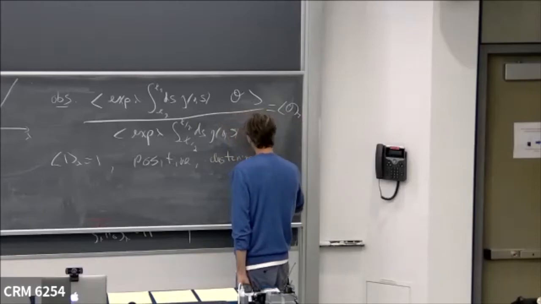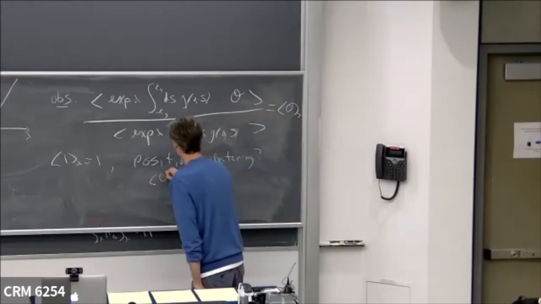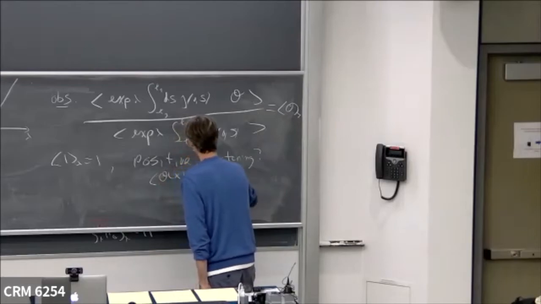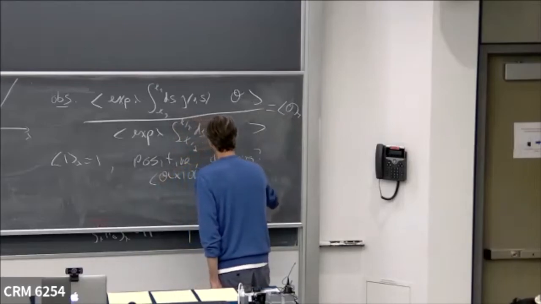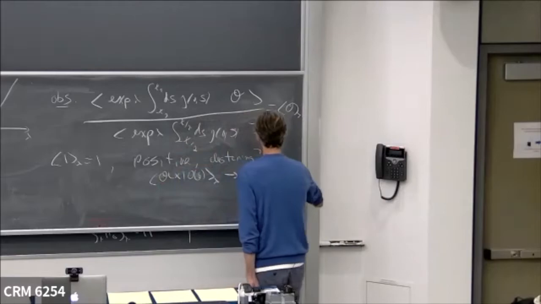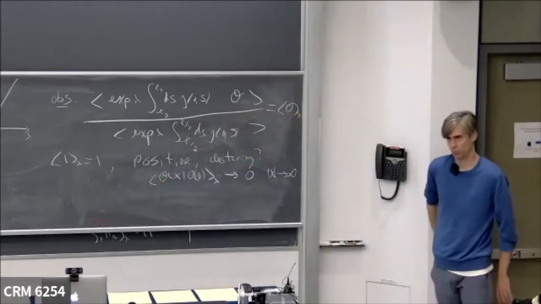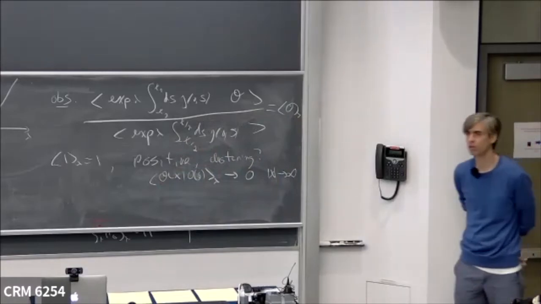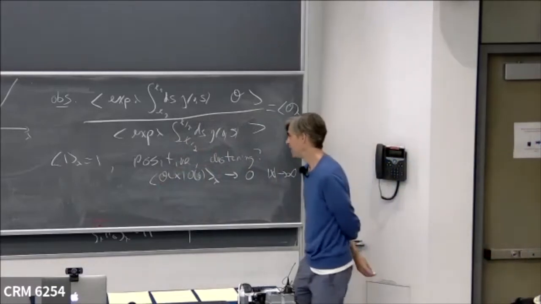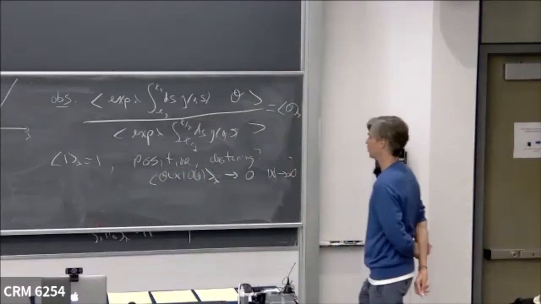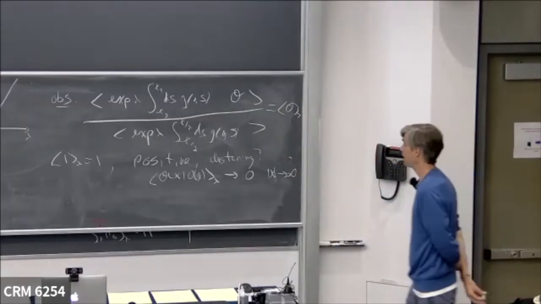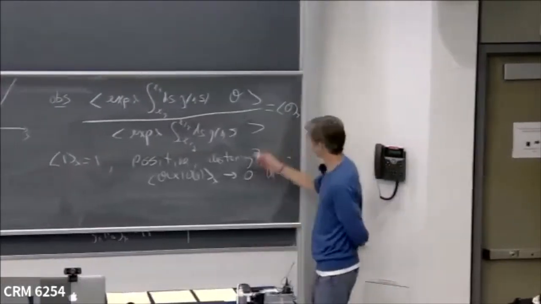I put a question mark, so maybe O of x, O of 0 goes to 0 as x goes to infinity. I don't exactly know how to prove that, but since the current is local, maybe it's the case. We don't know, but it is a measure.